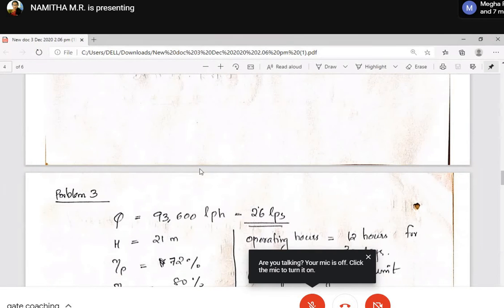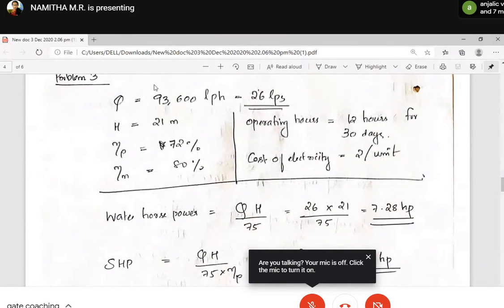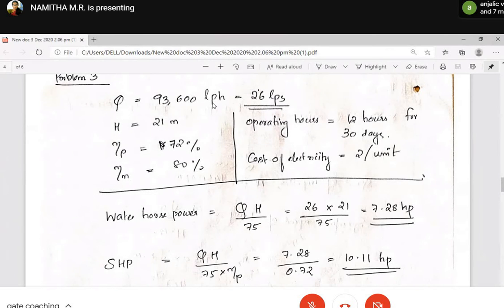We'll see the answer. The discharge is given as 93,600 liter per hour. First thing, you have to convert this unit, since you can calculate power using LPS units. The simple equation for power has Q in LPS, so you have to convert it into LPS.